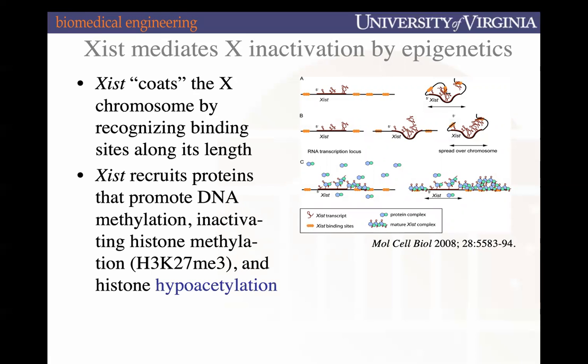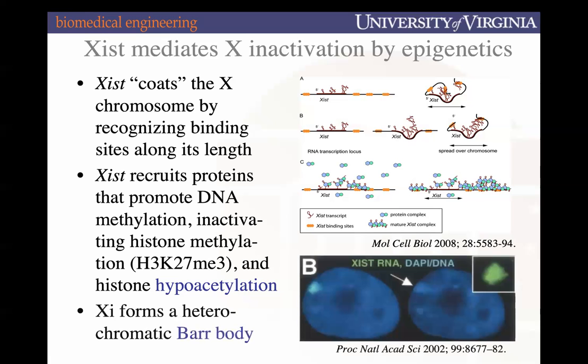As it binds, XIST begins to recruit at that locus a bunch of other proteins that promote DNA methylation to silence it. There's also histone methylation. And then there's this general barring off of the inactivated X chromosome, which forms heterochromatin that we call a Barr body.